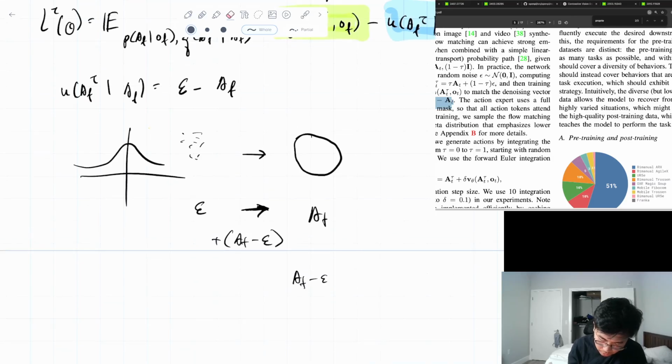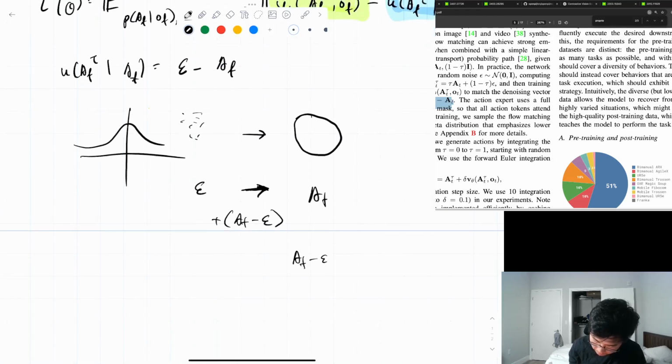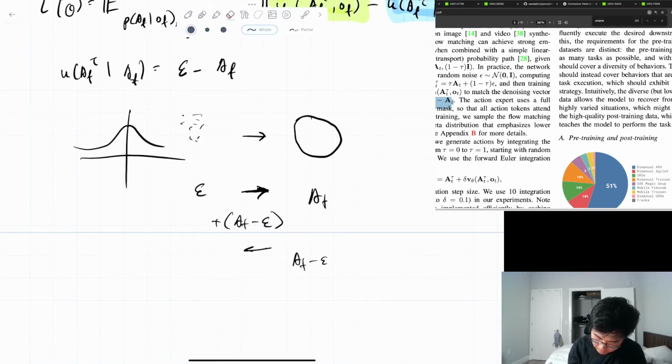So why is U of AT tau given AT epsilon minus AT? Well, I think this direction is going to be epsilon minus AT.